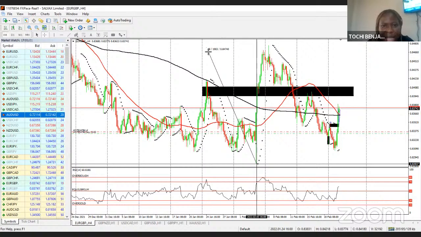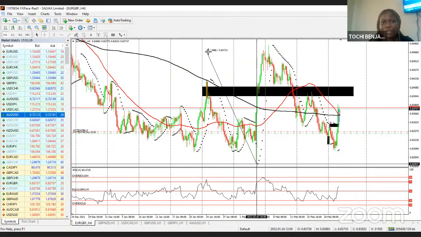The other number there is 0.8473, which is the price at that zone. The 3 there is also the pipette.